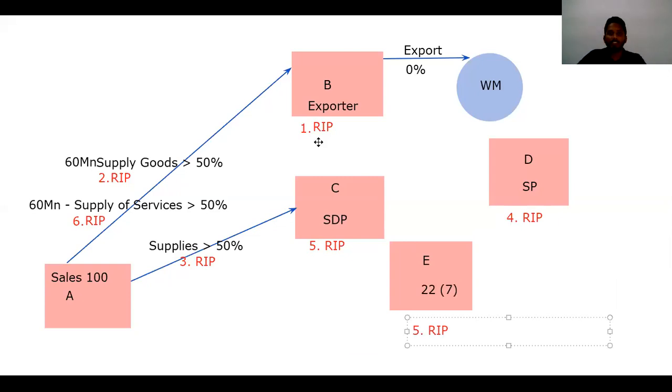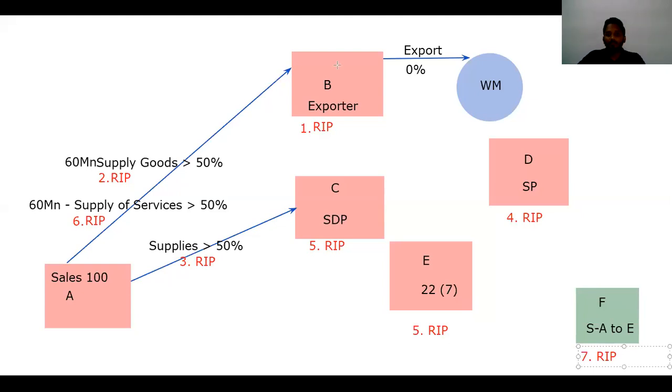Any person who is doing supply, we'll call it D, that person also can be registered as a RIP, supplying to all of A to E. This is 7. RIP.